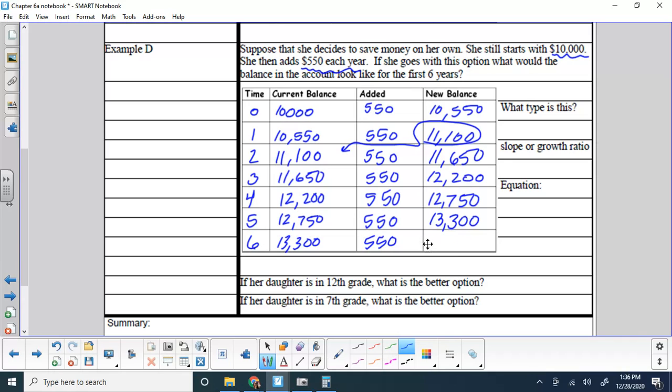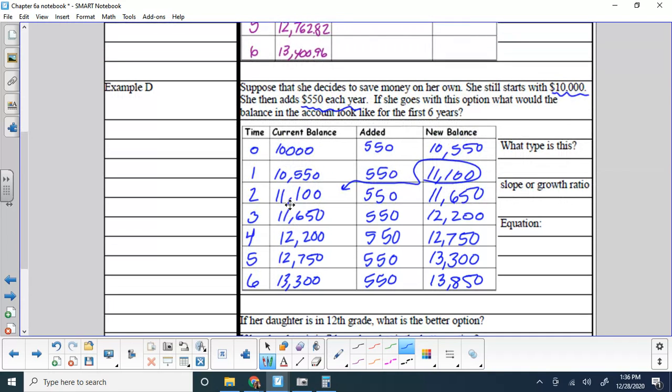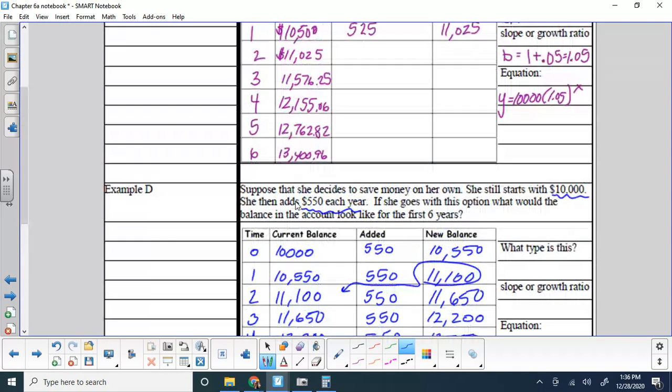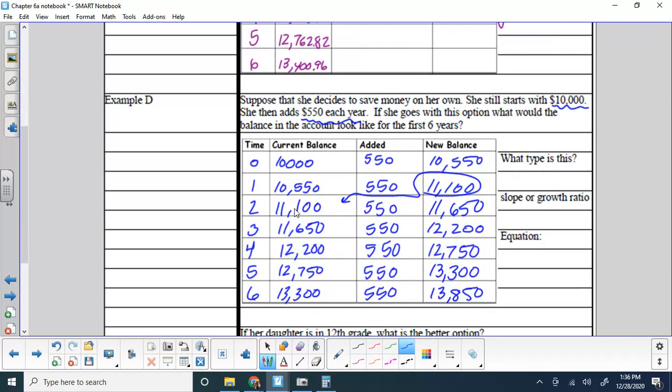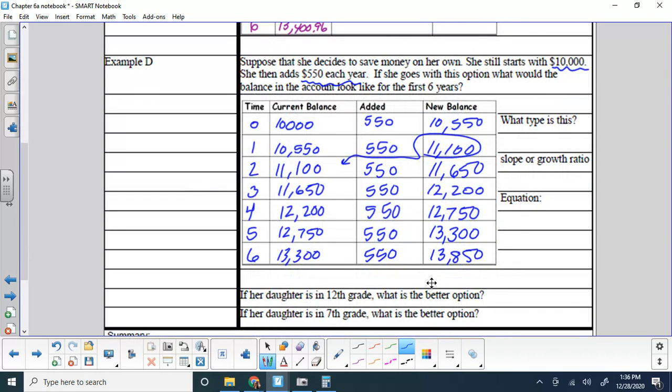She ends up with $13,850. Now, my question to you is it wise for her to take and use the second option? Or is it better for her to do the first option?